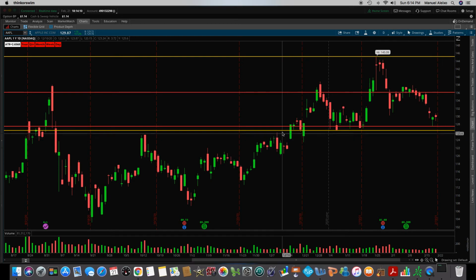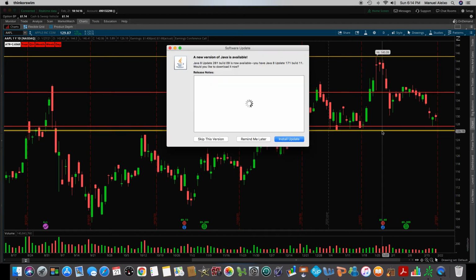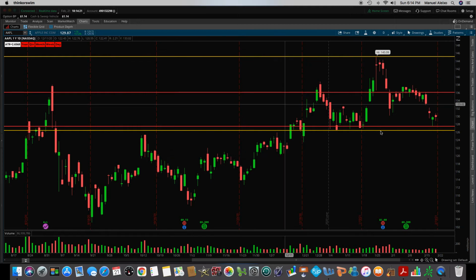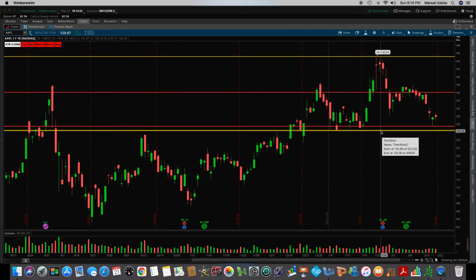Now that 126 area, as a matter of fact, is last month's low. Let's take a look. Okay, here. If you take a look here, that's 126.38. Okay, so last month's low was 126.38. And this past week, Apple actually got as low as 127.41 before it finally found support.